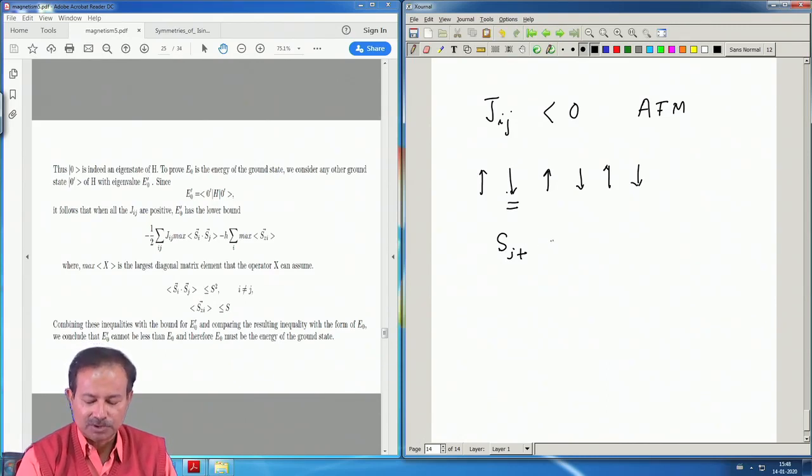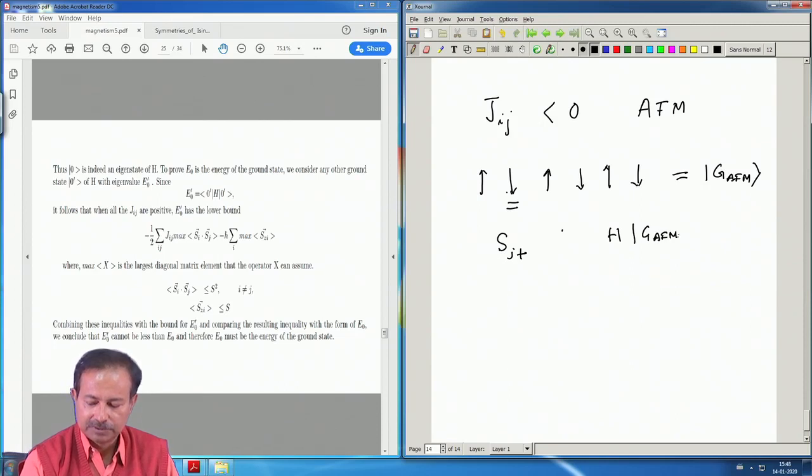So, operating on this state, you will not get back the same state. Suppose this is the ground state for the AFM that you chose, then the Hamiltonian operating on G_AFM is not some energy E times G_AFM.